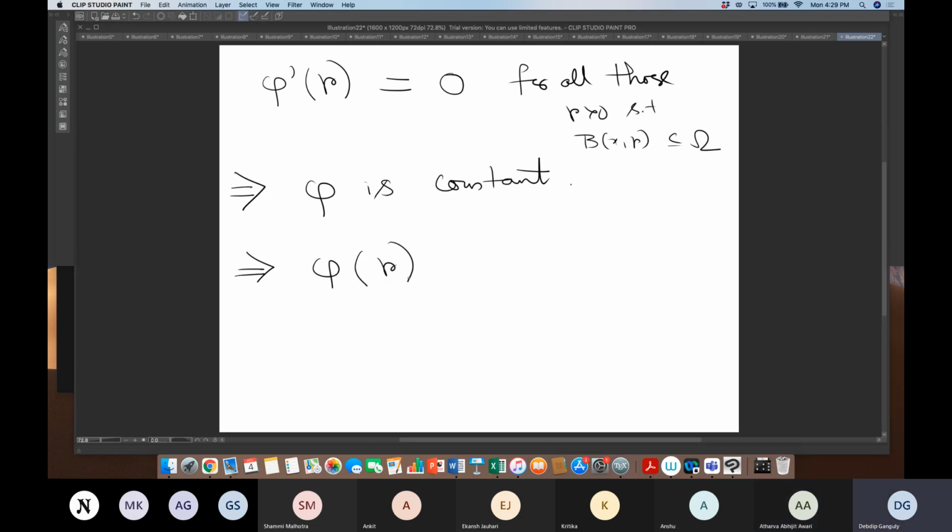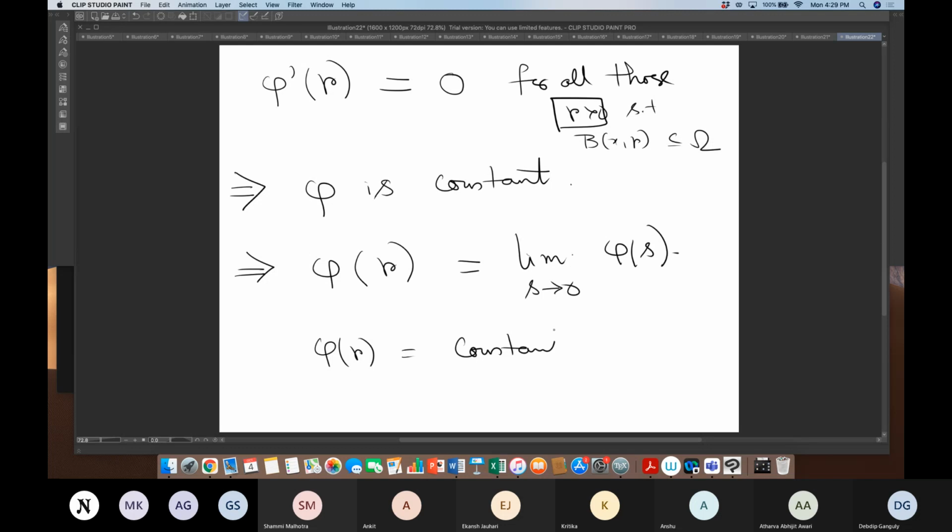Because this is a constant, I can write phi r as a limit, because for all r positive it is defined. Phi is a continuous function. I can write this because phi r is equal to constant. Yes or no? Phi r equal to constant for all r positive for which this happens. Now you take the limit r tending to 0, then it will be a constant. I name it as phi r. Is that clear?